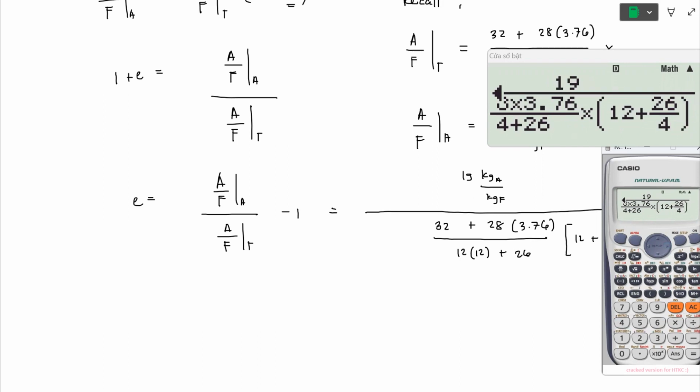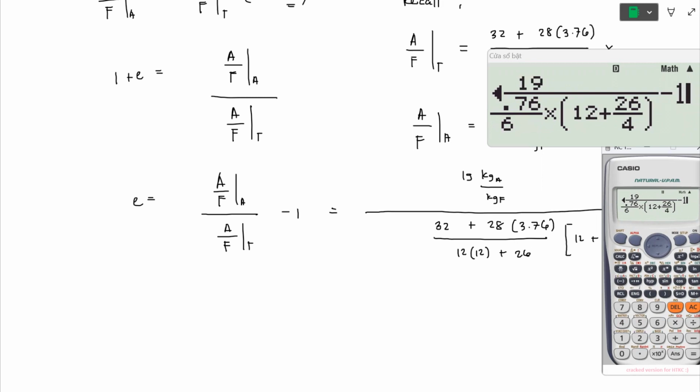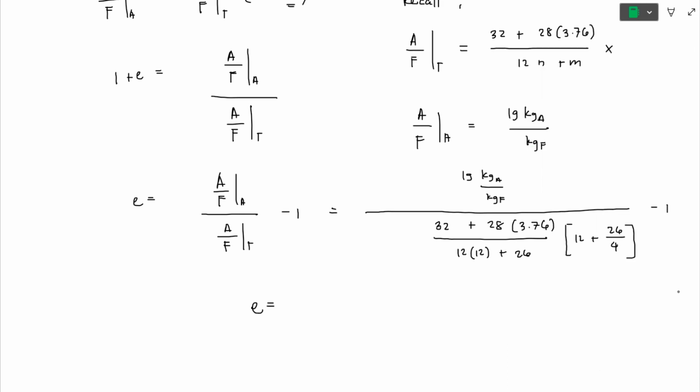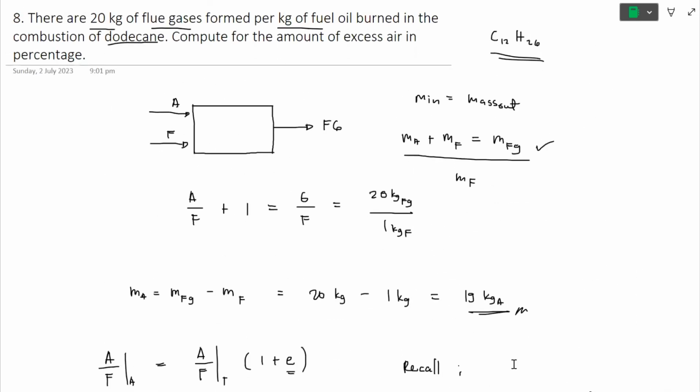Tapos minus 1. So the excess air is at what percentage? Therefore, E is equal to 0.2718, basic. Okay? That is for dodecane. Okay? So next problem.